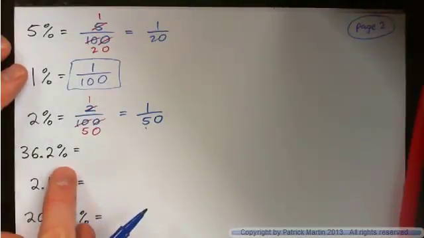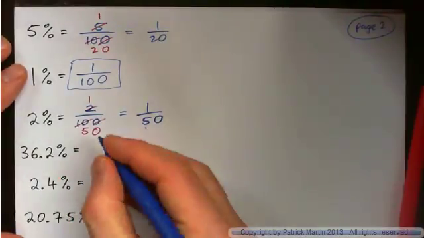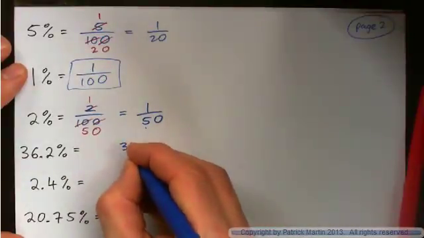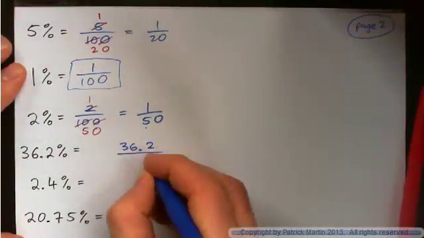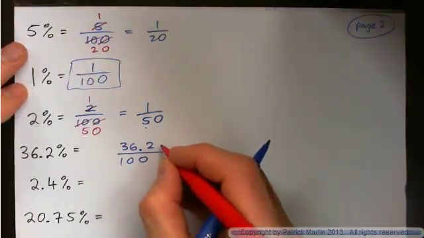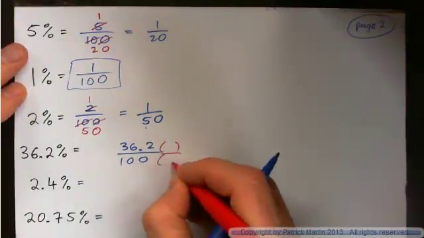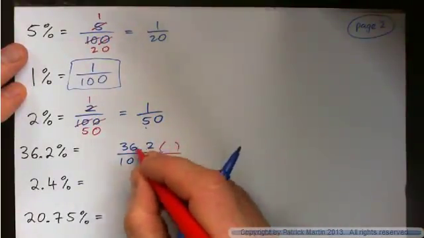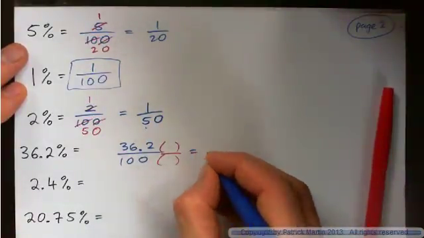Okay, 36.2% is 36.2 per 100, okay? And I'm thinking we might need that skill that we practiced earlier. We've got to multiply this by something so that we have a whole number on the top.